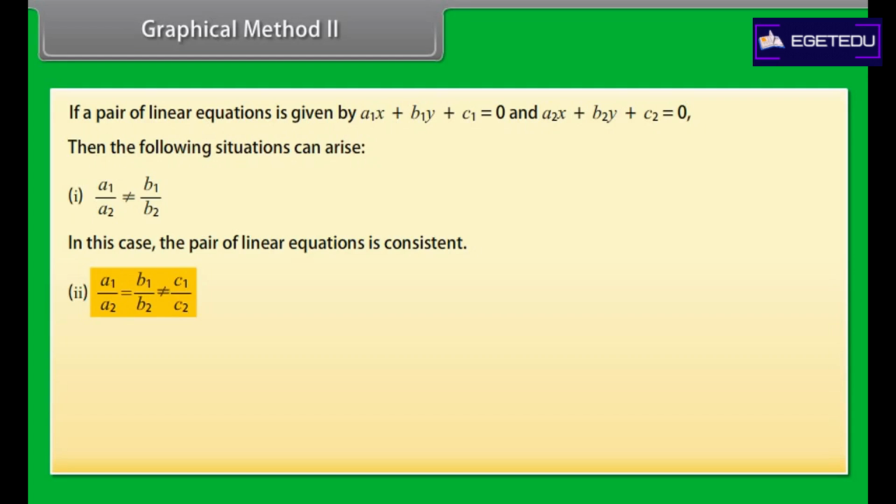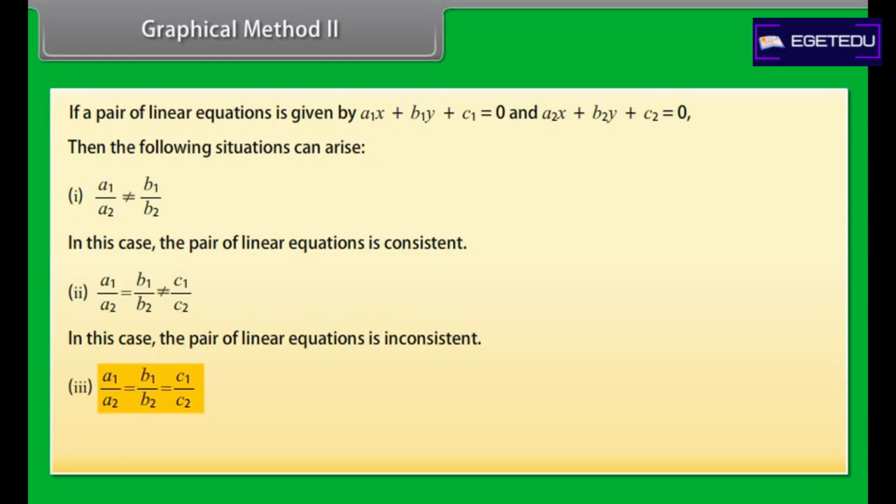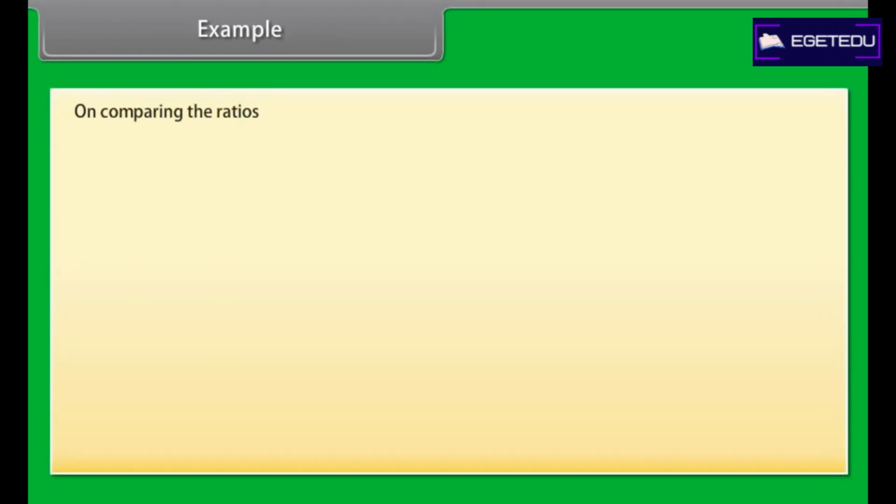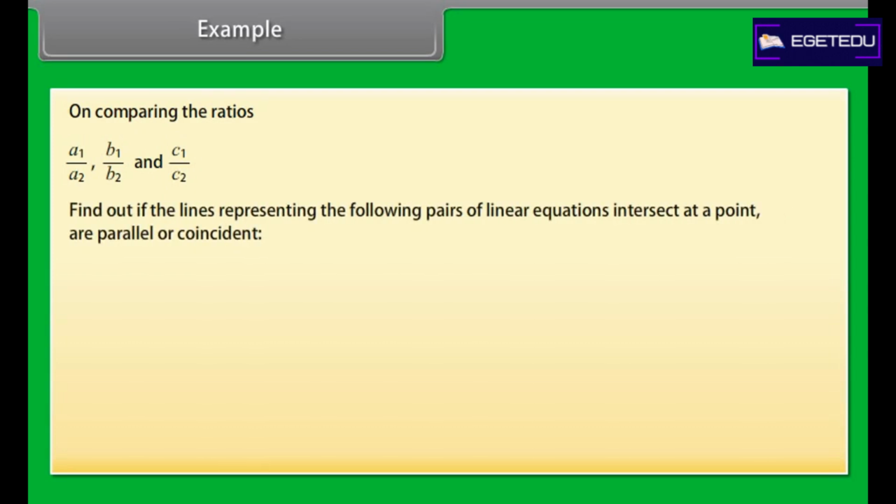In this case, the pair of linear equations is consistent. 2. a1 upon a2 equals b1 upon b2 is not equal to c1 upon c2. In this case, the pair of linear equations is inconsistent. 3. a1 upon a2 equals b1 upon b2 equals c1 upon c2. In this case, the pair of linear equations is dependent and consistent.